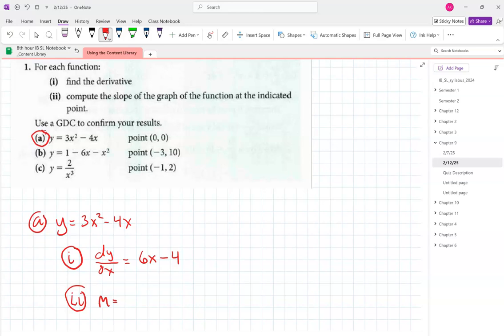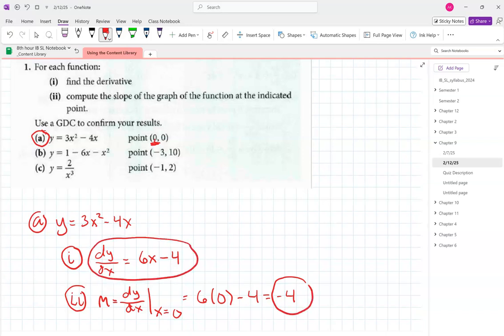So the slope is going to be the derivative evaluated when x is equal to 0. Does that feel pretty easy? Okay. That's just one of the notations we have for derivative. So it just means the derivative of y with respect to x.